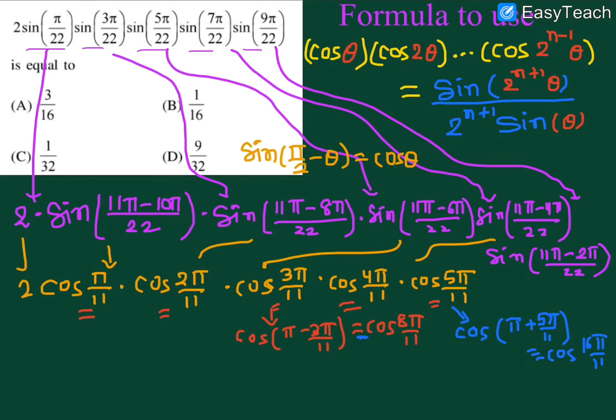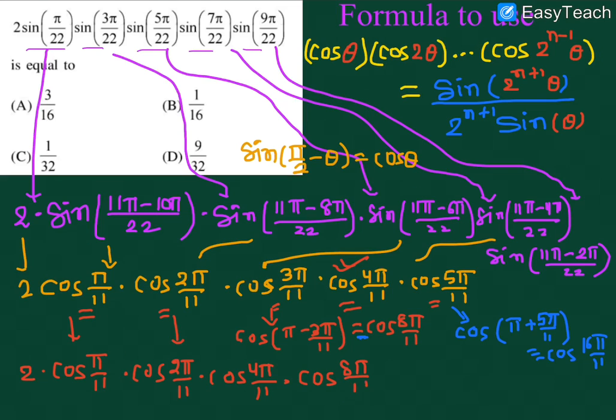So finally what we have, the final conclusion is, we can write the terms as 2 will remain as it is, then cos pi by 11, into cos of 2 pi by 11, then cos of 4 pi by 11, then cos 8 pi by 11 into cos of 16 pi by 11, this particular term converted in this.